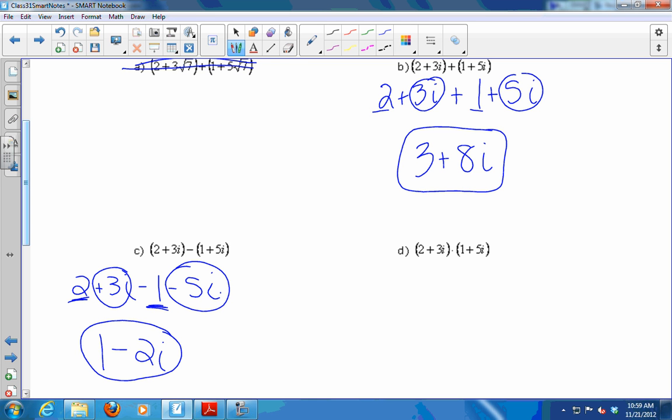What's the matter? I distributed this negative sign to both terms in the parentheses. So this is like a -1 in front that I'm distributing.